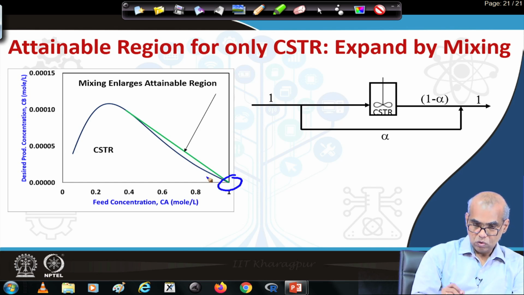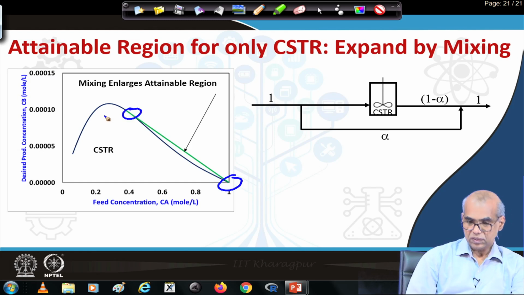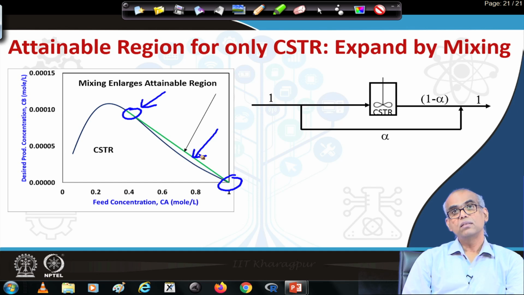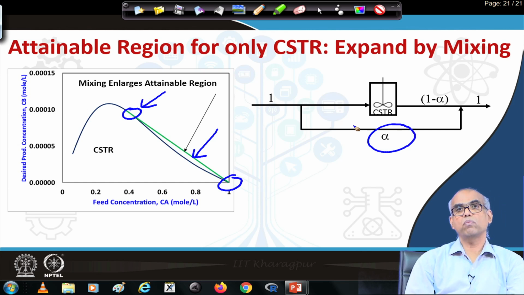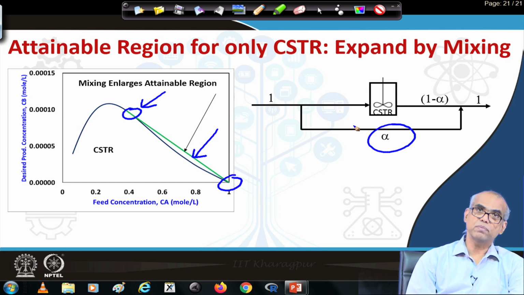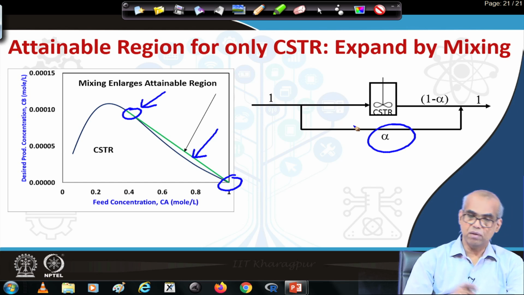So, we join the feed point to this point with a straight line arc, and this clearly indicates that mixing enlarges the attainable region. Again, the mixing fraction alpha can be obtained using simple mass balance equations, the lever arm rules.